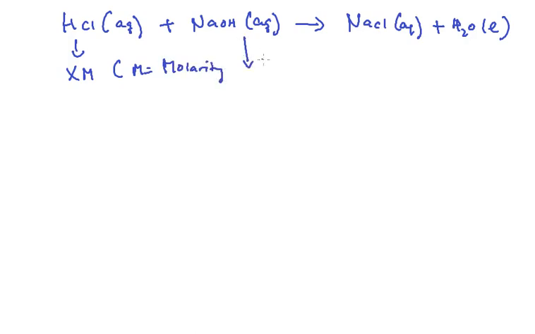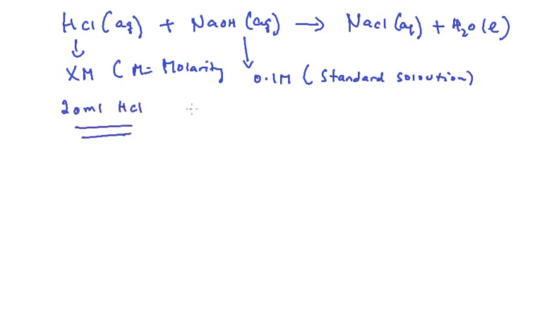We know the concentration of sodium hydroxide, which is 0.1 M. This is called our standard solution. So let's assume that we have 20 milliliter of HCl, and by using this amount we're going to determine the concentration of hydrochloric acid.